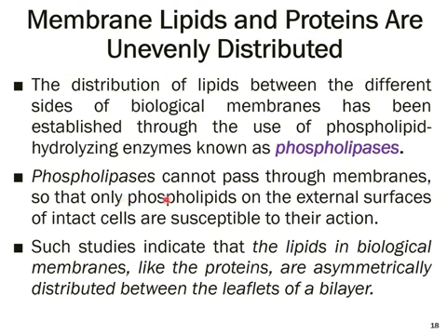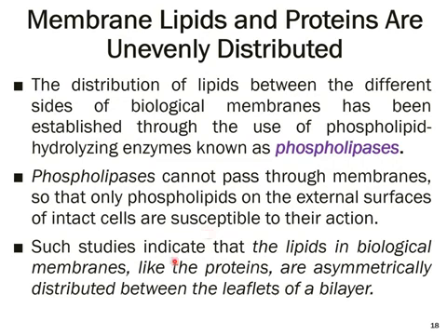Phospholipases cannot pass through membranes, so only phospholipids on the external surfaces of intact cells are susceptible to their action. As these enzymes cannot pass through the membrane, we can put them on one side of the cell membrane and they will act only on those lipids.